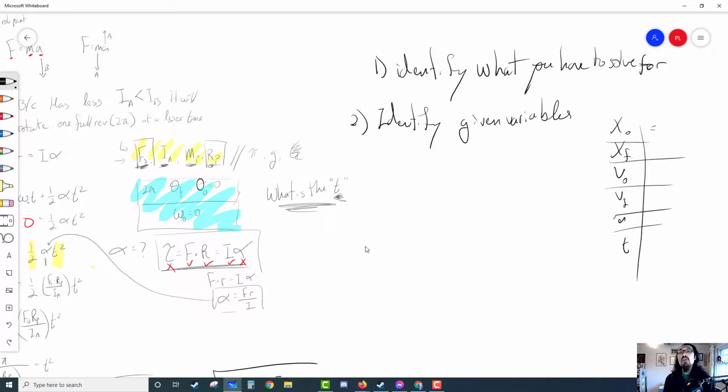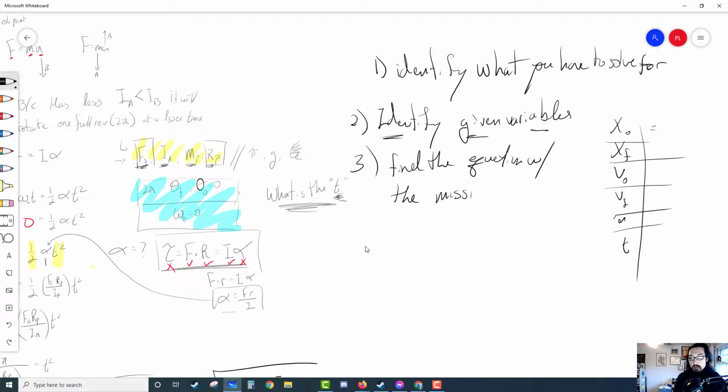They're telling you that you have to find an equation that can use these variables. So you have to identify the given variables. And 3, you have to find the equation with the missing variable, and that missing variable is what you're solving for in number 1. And then from there you just have to manipulate the equation.